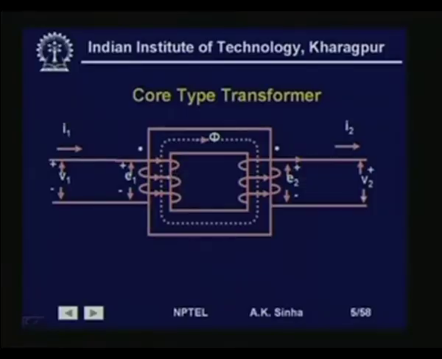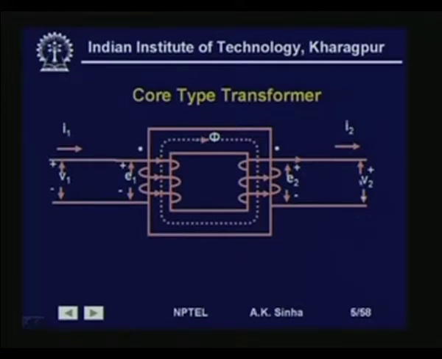If we energize one side and get some current flowing into it, then a flux is set up like this, and since this flux is time varying and it is cutting this winding also, you are going to get a voltage induced here. Now, if you connect a load here, you will get a current flowing through this.